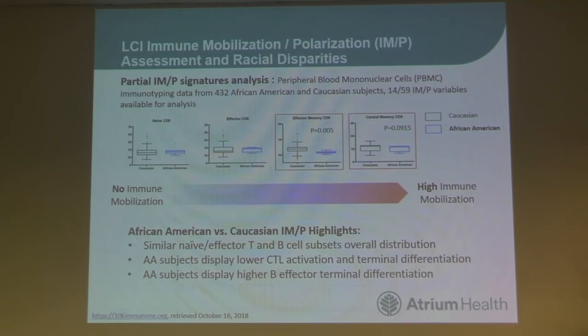To give you an idea of how we can use these tools, we already have collected data focusing specifically on racial disparities between Caucasian and African American individuals.